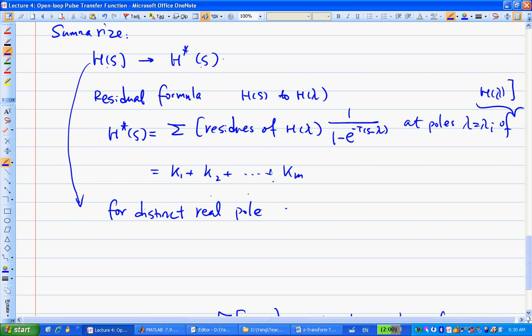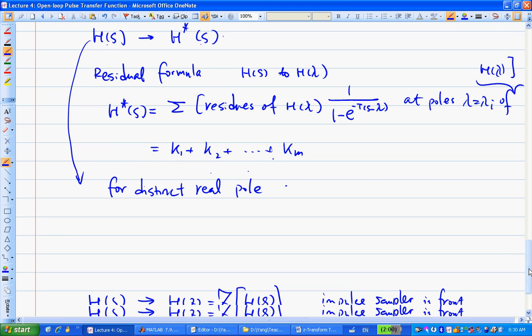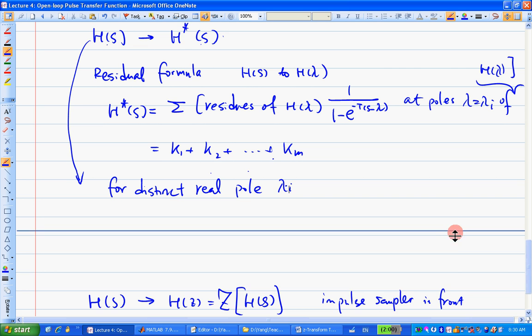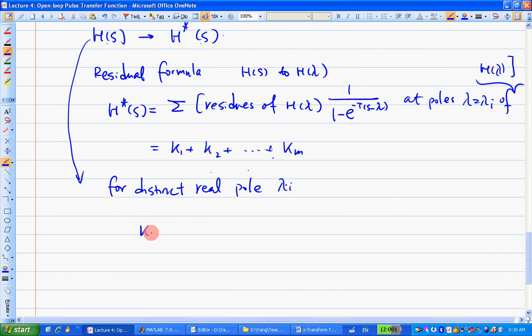I'll ask you to practice this one. K i equals lambda minus lambda i, multiplied by this big block, and then you set lambda equal to lambda i. That's how you find K i. That's the residual.